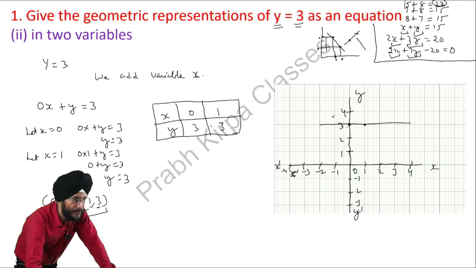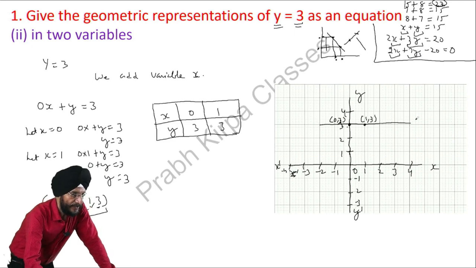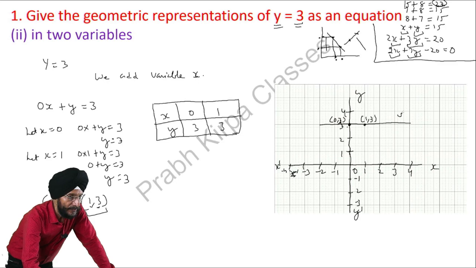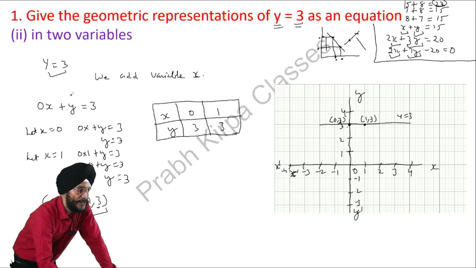At this point solutions are 0, 3. At this point, solution of x and y is 1 and 3. Here it is parallel to the x-axis, it is the equation y is equal to 3.